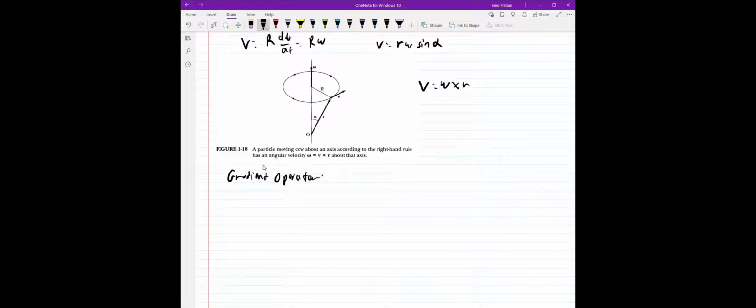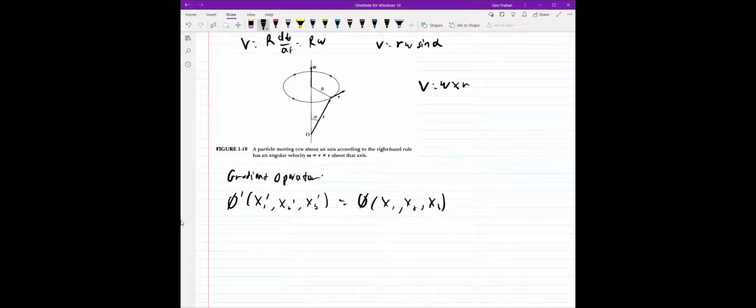So the gradient, this symbol right here. Let's say we have a coordinate transformation to phi prime. Remember phi is a scalar, so phi prime of x1 prime, x2 prime, x3 prime is going to be equal to phi of x1, x2, x3.